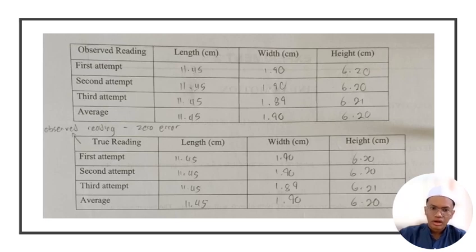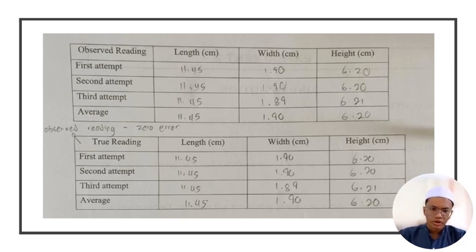The height: first intake is 6.2, second 6.2, third 6.21. For the average, we calculate all the results and divide by 3. So the average length is 11.45, width 1.9, height 6.2.